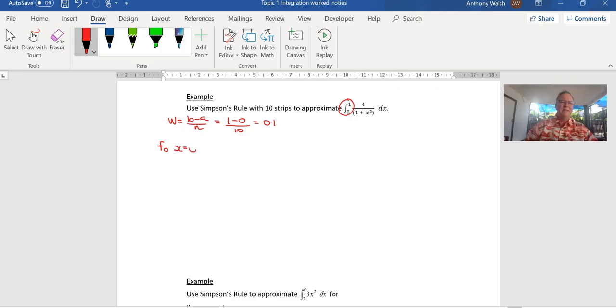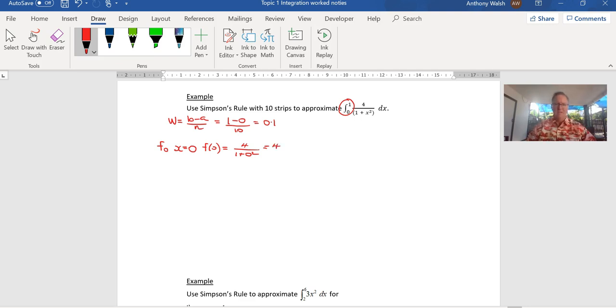When x is equal to 0 at the start of my domain. So the idea is I'm going to take 0 and put it into the function. So it's f0, which would be 4 divided by 1 plus 0 squared. 1 plus 0 squared, which would just leave you with 4.